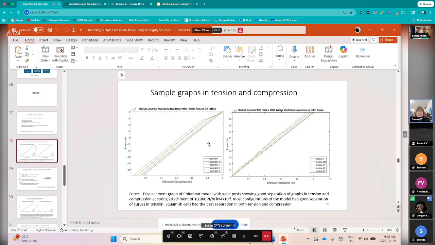Anyways, what I was looking for was a separation of these curves for different pre-strains. In other words, the cell has control over its environment if it can pre-strain itself.